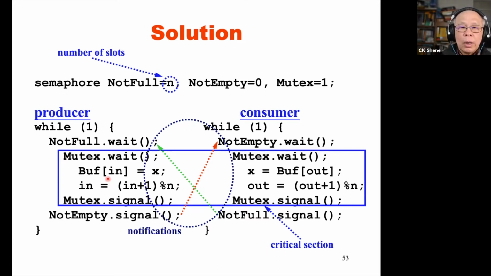So if 1 is not good, 0 is definitely wrong, of course, because you force the producer to wait and the system cannot proceed. Then 1 is not so good. How about 2? A 2 would generate some randomness because 2 producers can pass through not full, although only 1 can access the buffer.